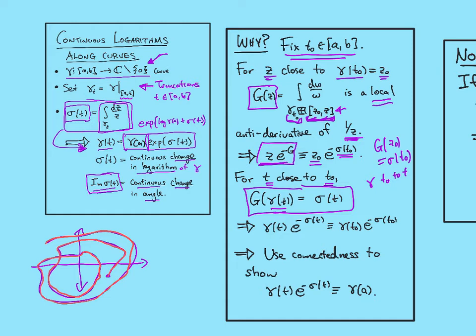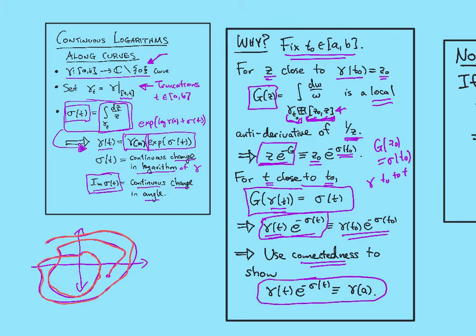And so at least near t naught we have gamma of t times e to the negative sigma of t is this constant. And so this expression will be continuous and locally constant, and then you can use connectedness of the interval to show that we get the formula that we want.